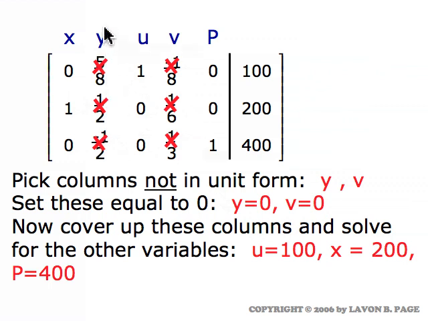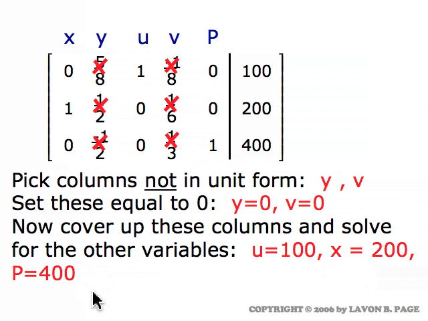So in your mind's eye, cover up the Y column, cover up the V column, pretend those columns aren't even there, and think about what equation would be represented by each of the rows of the matrix. If you mentally wipe out the Y column and the V column, then the first row would say 1 times U is equal to 100. The second row would say 1 times X is equal to 200. And the third row would say 1 times P is equal to 400. So we would have these three values.